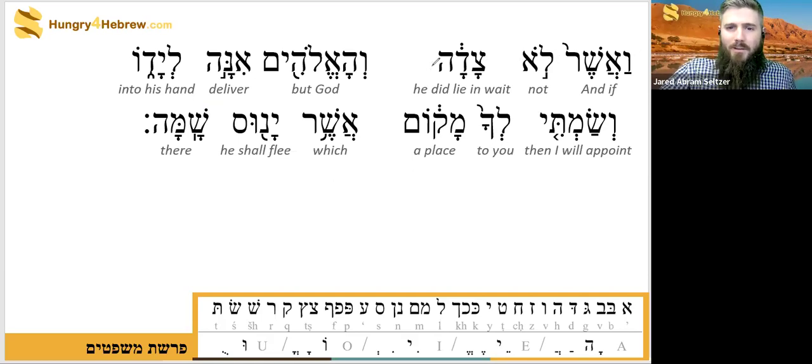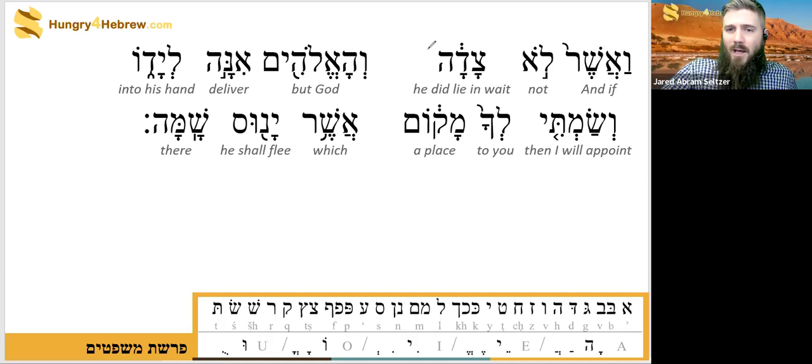Va'asher lo tzada ve'ha'elohim ina liado ve'samti lecha makom asher yanus shama. All right, so we just talked about someone who strikes a man and he dies, he shall be put to death. This is coming next. And asher, remember, asher starts a relative clause. So that which, or maybe it's telling us more about the man who is the striker.